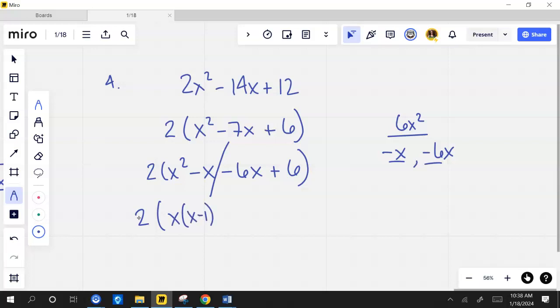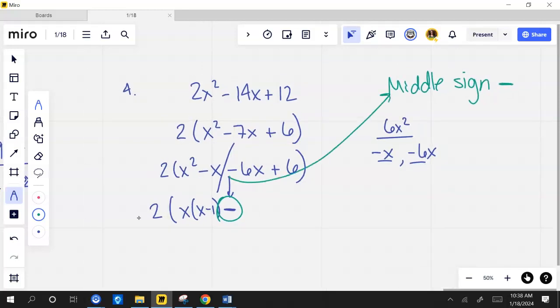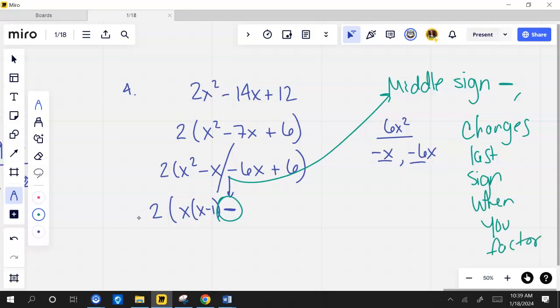X minus 1. Now here's where you need to put a big note in your notes, or star it, or highlight it, or whatever you do. This middle sign stays, yes? But anytime this middle sign is negative, it changes the last sign when you factor. And the reason for that is because really, I'm not factoring 6 out of this.